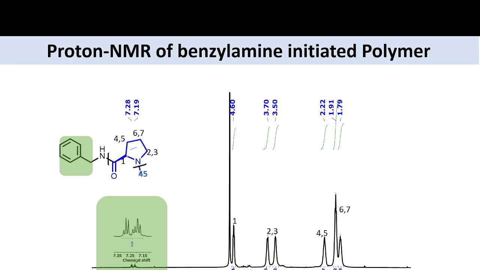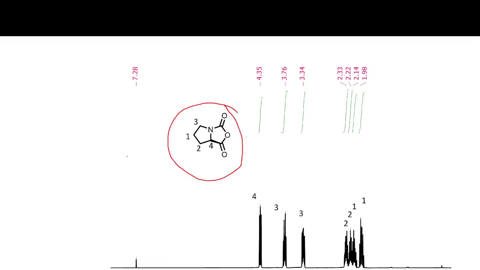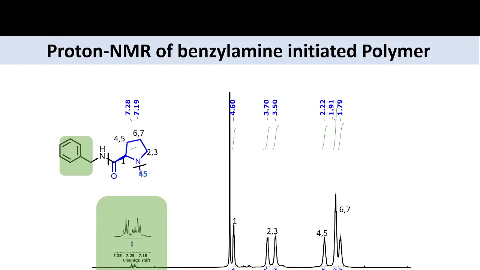So now the peak becomes broad. Earlier, when we did the NMR spectrum of the monomer, the peak was like this, a sharp peak. But after getting the polymer, we get these broad peaks.